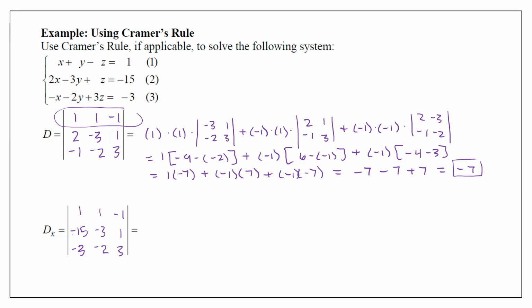So we want to choose a row or column to expand this by. I am going to stick with my row 1 because they all contain 1s.